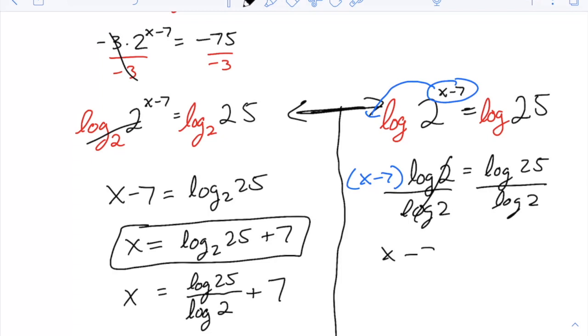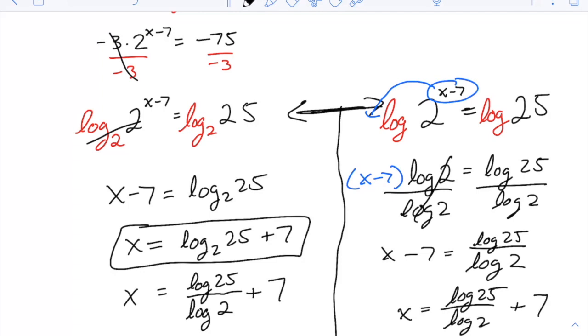And you're left with x minus 7 equals this log of 25 divided by log of 2. And hopefully you see it taking shape so that x is log of 25 over log of 2 plus 7. When you add 7 there. So you get the same exact thing.